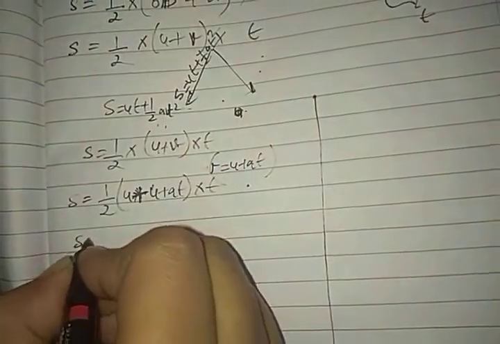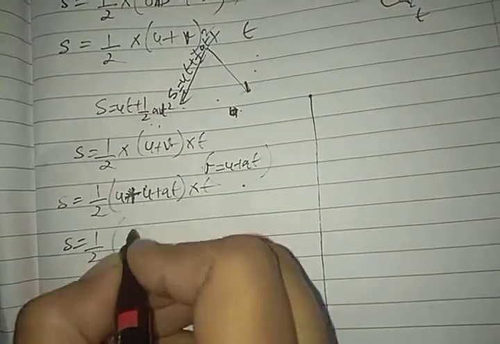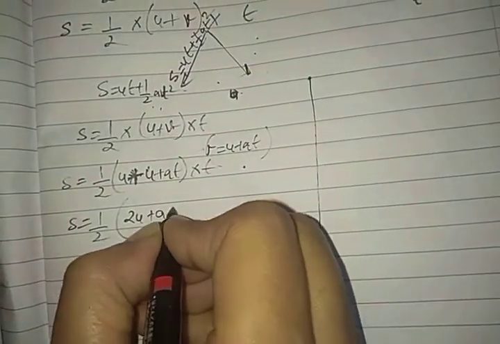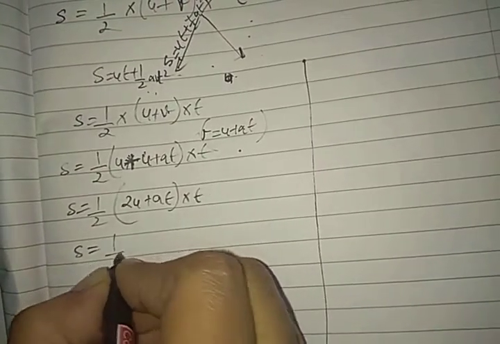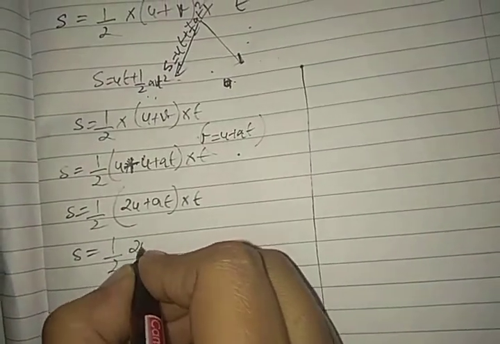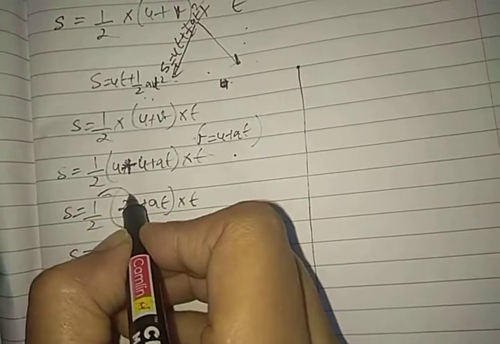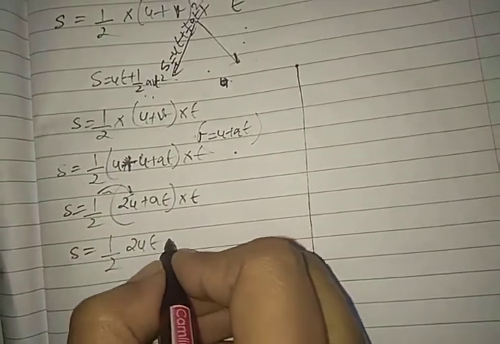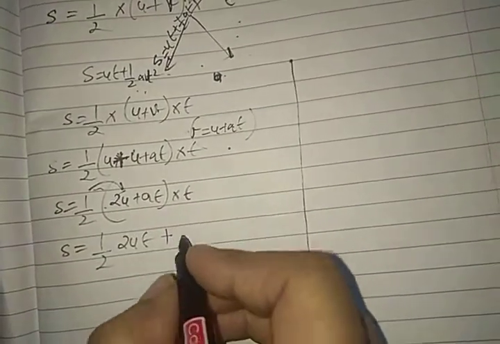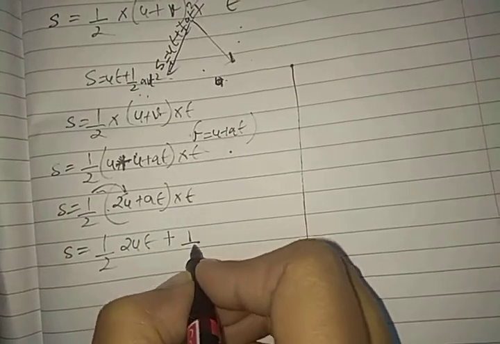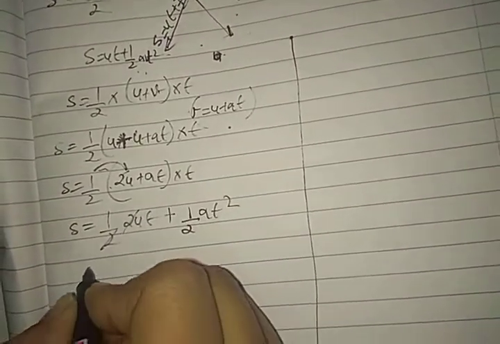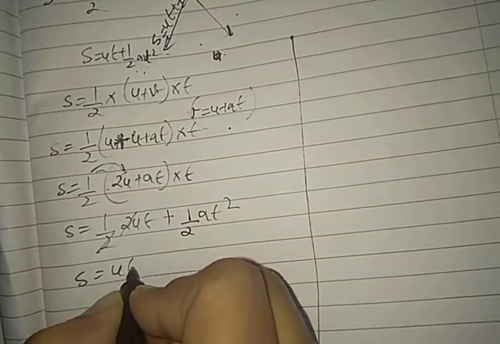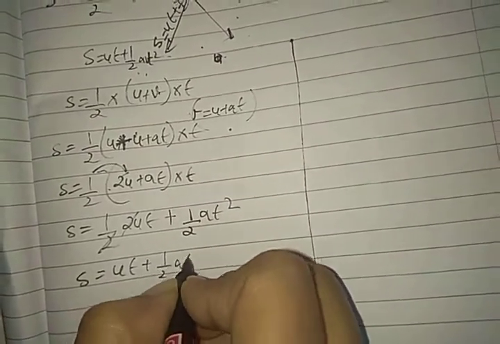Now solve it algebraically: u plus u is 2u, so s is equal to half into 2ut, and then it is multiplied by the other term also, giving half at square. Now 2 and 2 cancel, so s is equal to ut plus half at square.